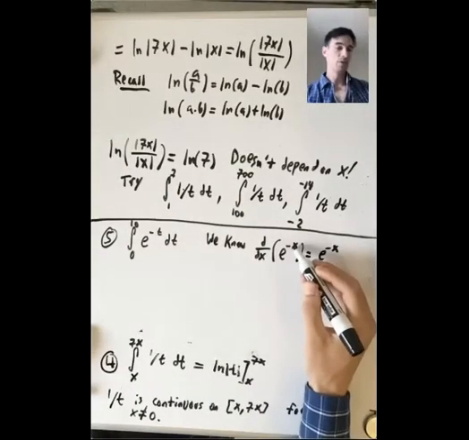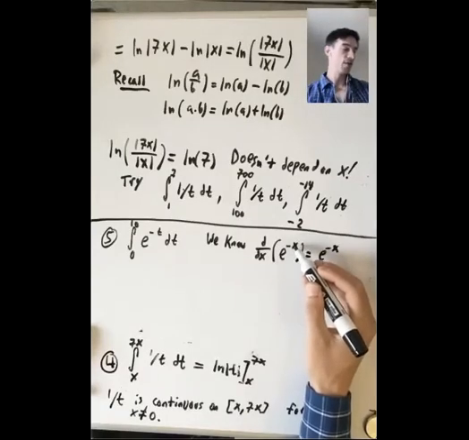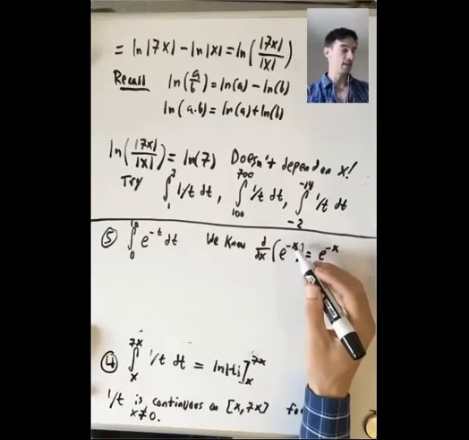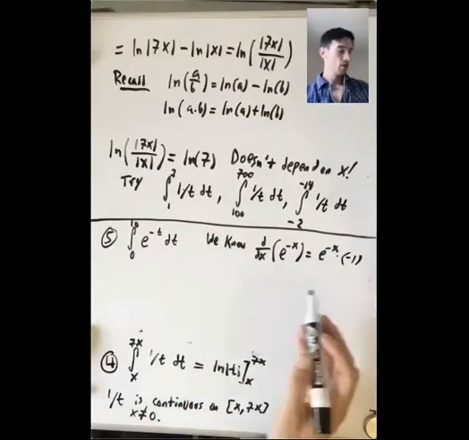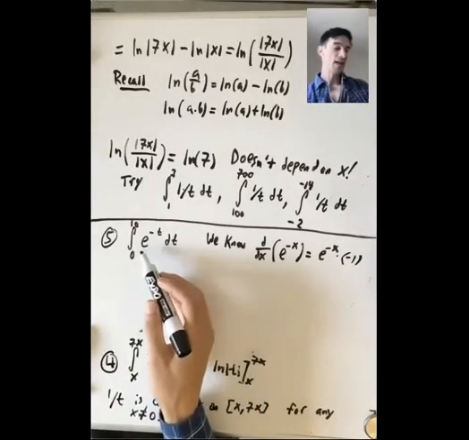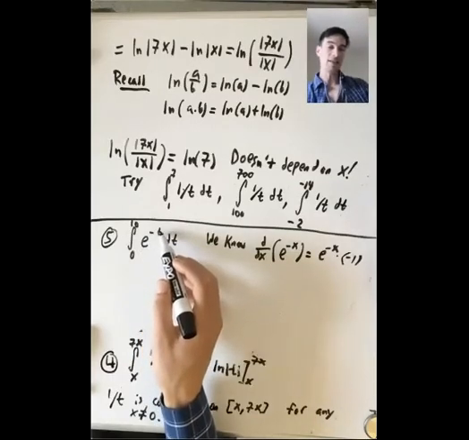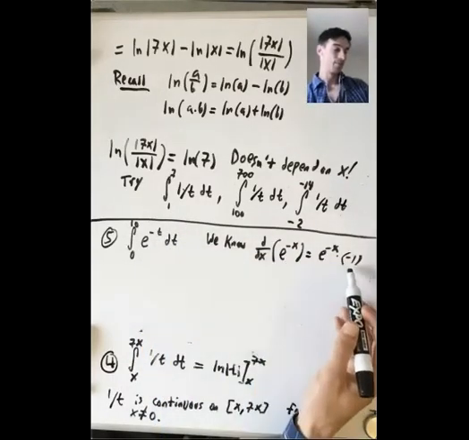But then by the chain rule, we need another factor of the derivative of the function of x in the exponent, so times -1. So that means minus e to the minus t is an antiderivative for e to the minus t.